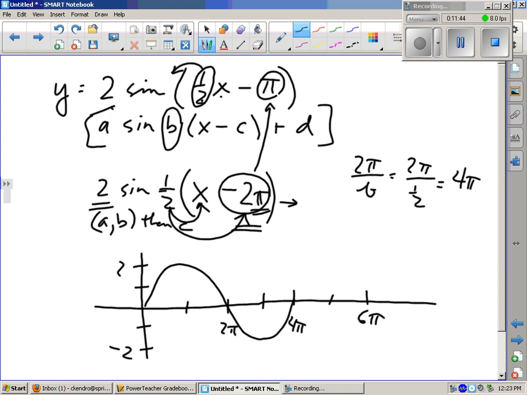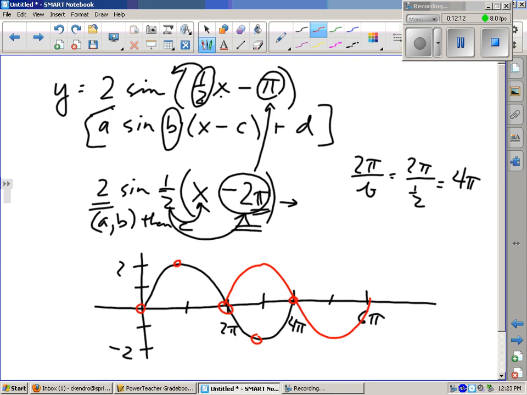Looks like a normal everyday sine wave, it's just the labels are different. So now I have to move everything to the right 2 pi. So instead of starting at 0, I'm going to start at 2 pi and have the same exact wave. Or you can think of moving each of those crucial points over to the right 2, and then redraw it again.